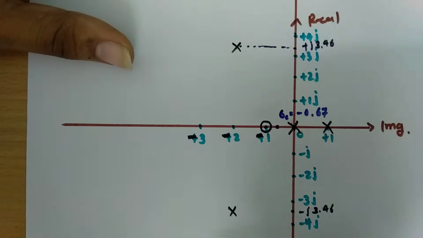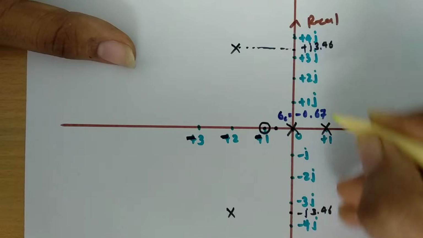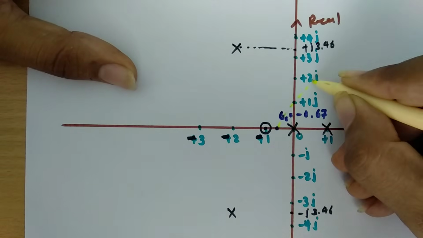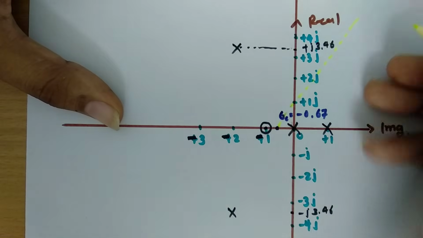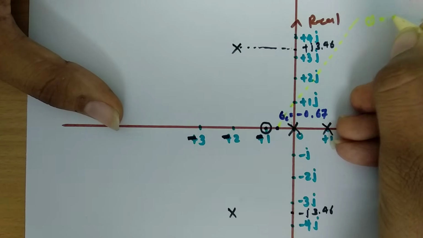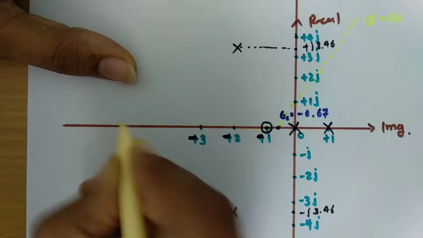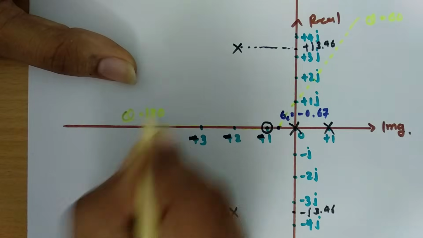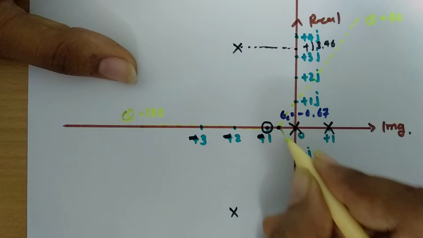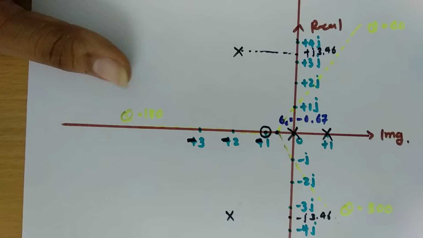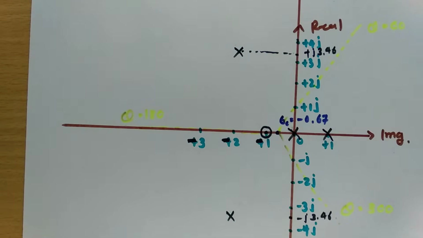So the first asymptote is at theta equals 60, the second at theta equals 180, and the third asymptote at theta equals 300. That is how the angles of the asymptotes are.